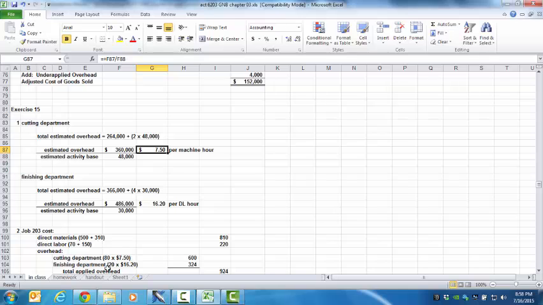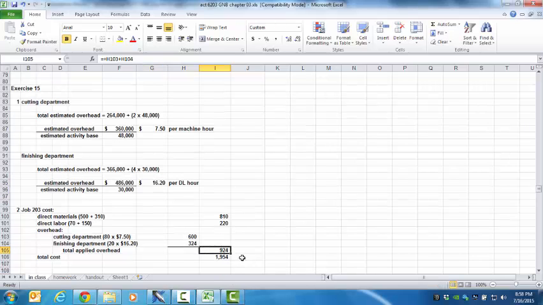In the finishing department, I need the labor hours, 20, at $16. Again, don't look at anything other than what that basis is. When you add those together, you would have applied $924, and there's the cost of your product, $1,954.